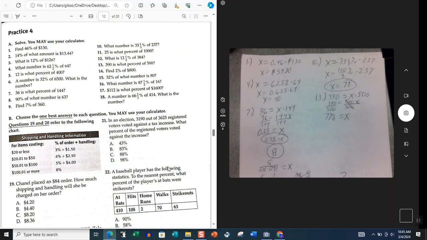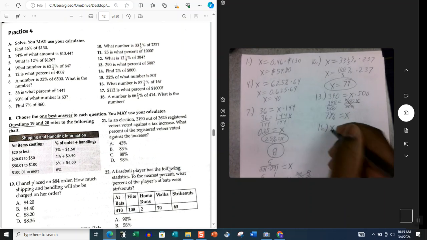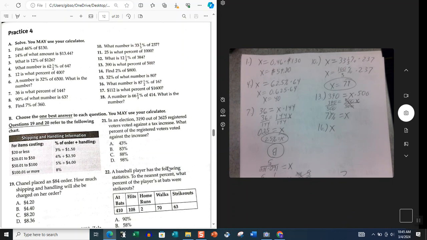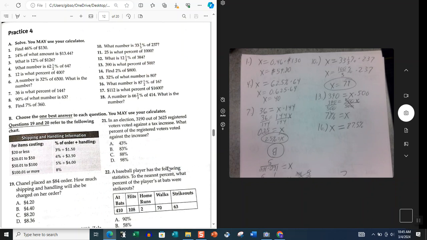Okay, 16. All right. It says, what number is 87.5% of 16? Okay. So what number is x? Is 87.5%. We know we could do that as 0.875 because we know a half is 0.5. Of means multiplication, 16.